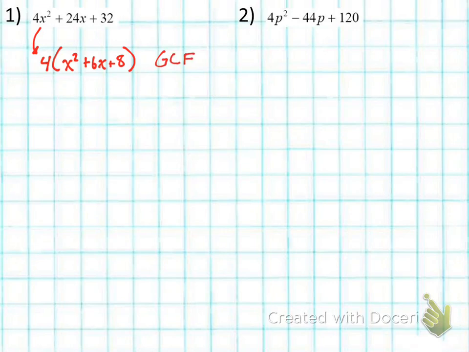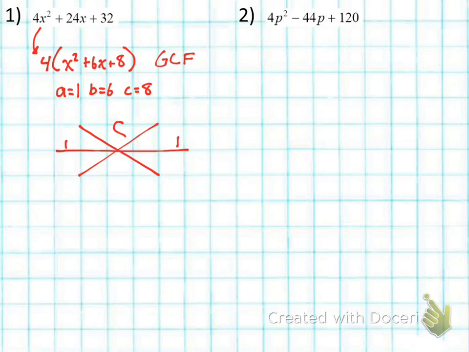The second step I'm going to do is I'm going to try to do Xbox, okay? So I have A is equal to 1, B is equal to 6, C is equal to 8, okay? I'm using an Xbox. So we got A is 1, A times C is 8, B is 6.